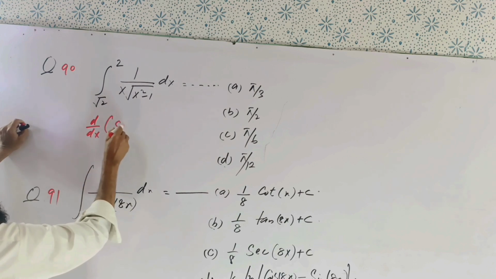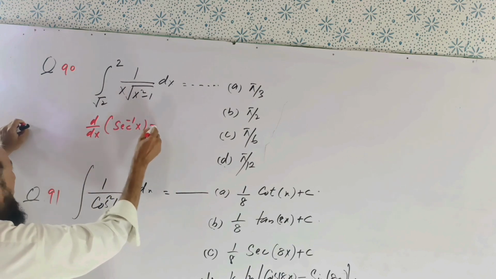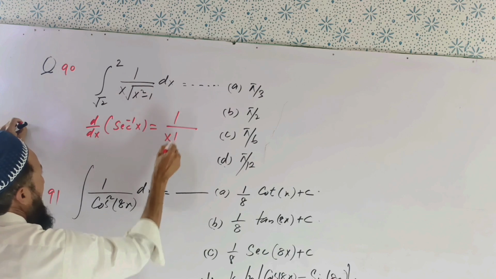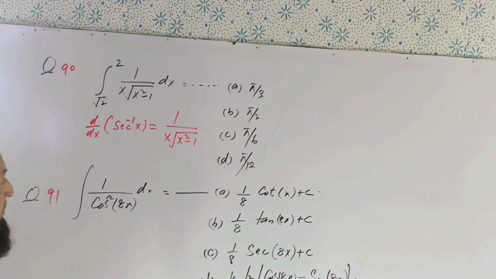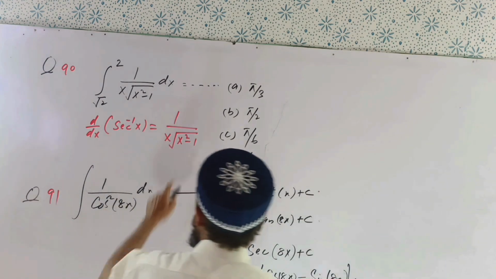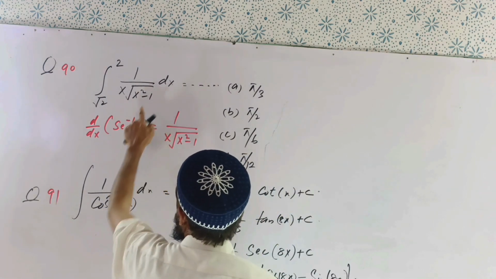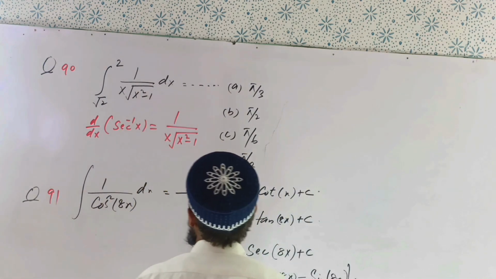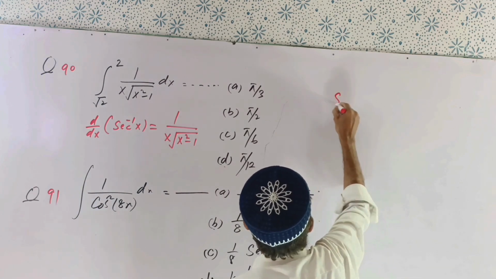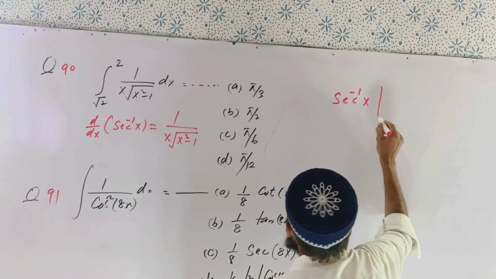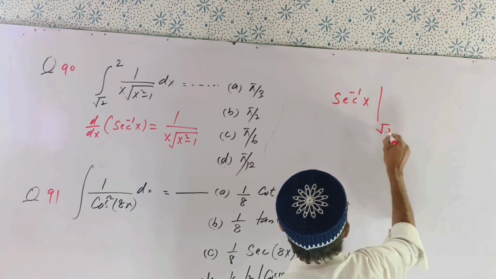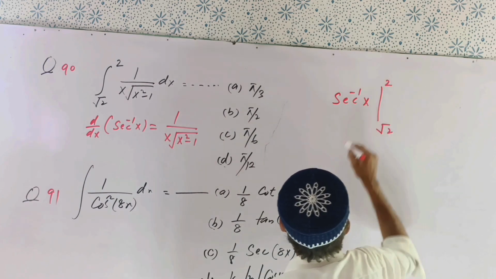The derivative of secant inverse x is equal to 1 divided by x under root of x square minus 1. So this derivative you must remember, this result is already given. It means its integration will be secant inverse x, with lower limit 2 under root and upper limit 2.